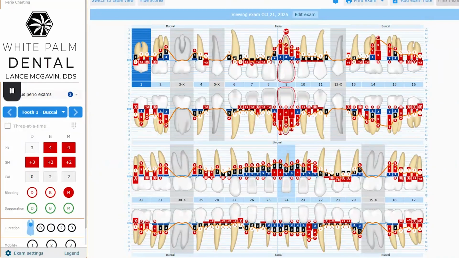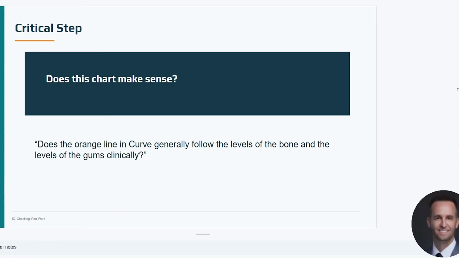Maybe you're putting the numbers into the system wrong. Maybe you switched the probing depth and gingival margin levels, but it should start mapping things out exactly the way you're seeing them as you're going along. So you can kind of glance over there as the person's charting for you. You can verify, yeah, this is looking good. This is looking correct.